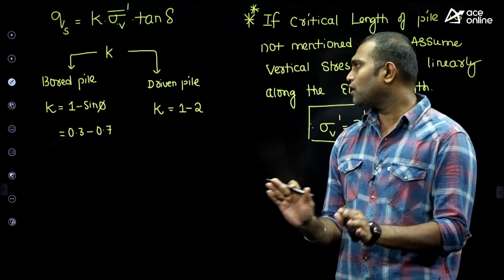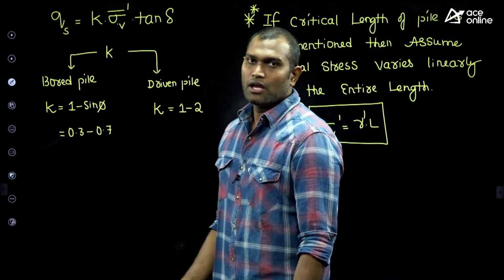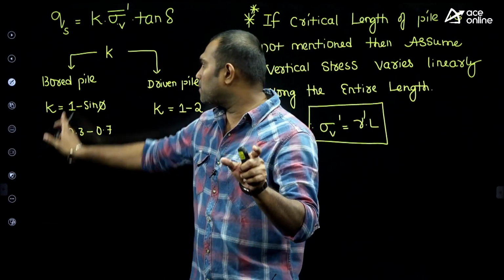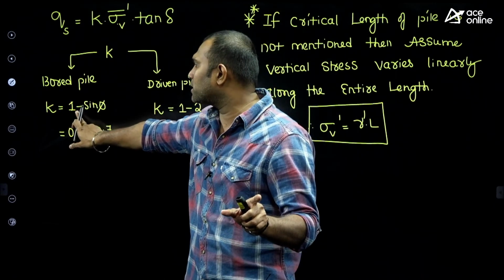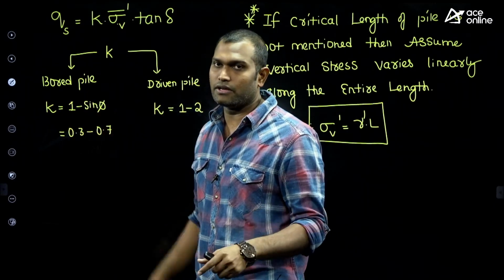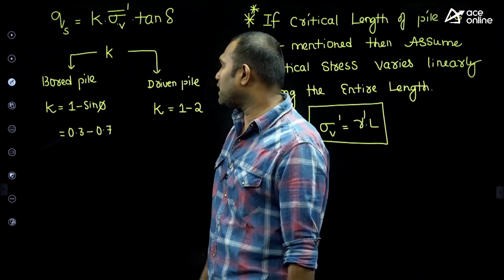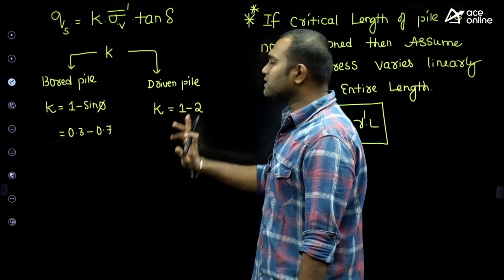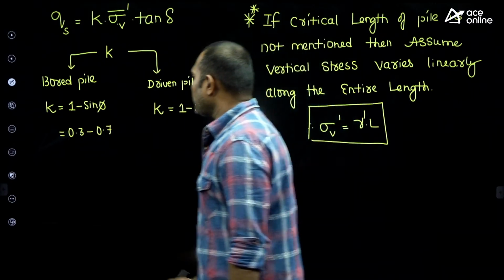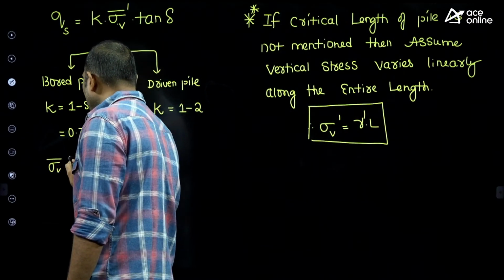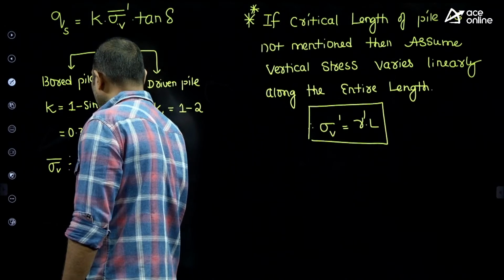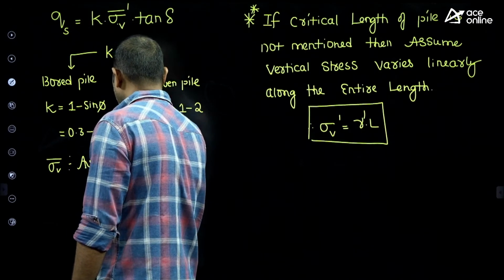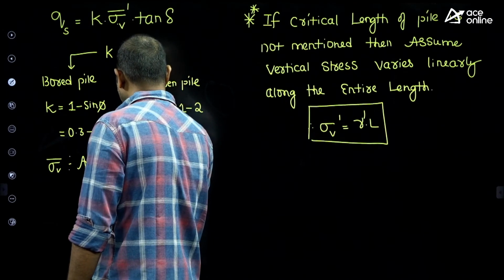You don't need to assume unnecessarily. If you have installed the pile as a bored pile, they'll mention the phi value and you can find K as 1 minus sin phi, or else they'll give you the K value directly. In the driven pile, K is equal to 1 to 2. And sigma V bar is nothing but the average effective vertical stress.